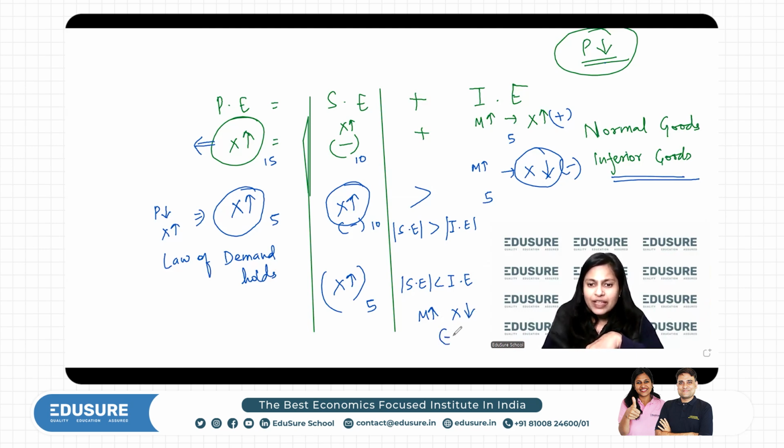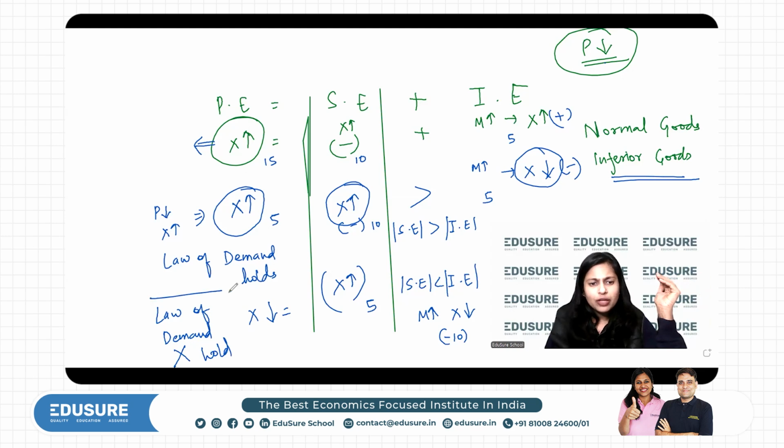So the quantity of X falls by 10. So in the net, the strength of the income effect is larger than the strength of the substitution effect. And when price falls, quantity demanded actually falls. So the law of demand does not hold.